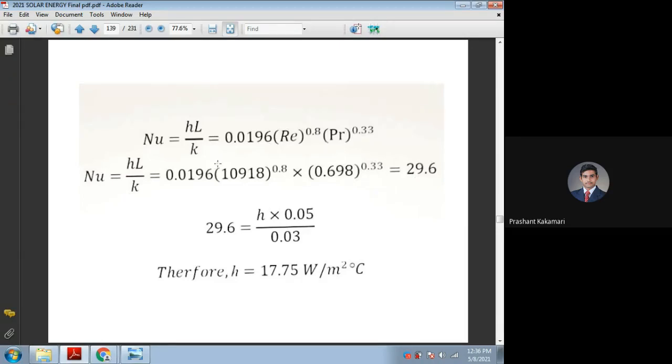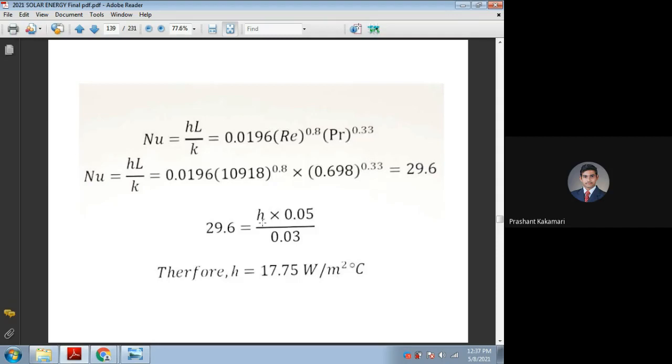Using this and the theoretical Nusselt number equation hL by k, I will find out what h is. Please remember the characteristic length we have taken is the height itself. k is given in the problem, 0.03. Nusselt number is 29.6. And now, what is the h value, heat transfer coefficient by convection? It is coming around 17.75 watt per meter square degree centigrade.